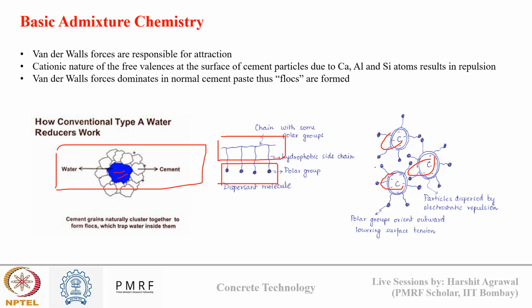So due to their repulsion, they cause my cement particles which were flocculated to disperse, and they release the water that was trapped, which is now available for hydration. So because of the dispersion, the cement particles repel each other, and thus cement grains are separated, and the trapped water becomes free and available for hydration.